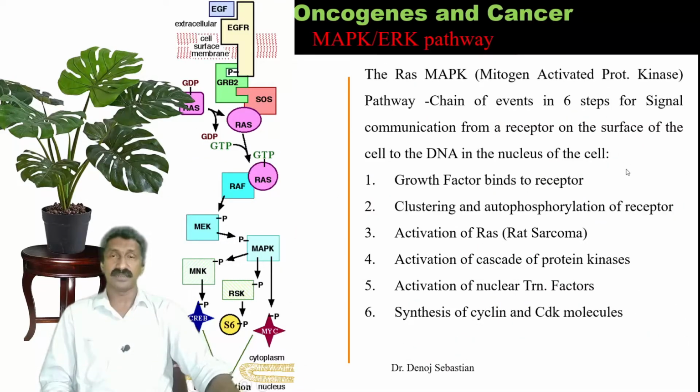In this slide, as we discussed here, the GDP-bound inactive RAS is activated by the signal which is received by this one. If the signal is not there, this phosphorylation and subsequent conversion of inactive RAS to active RAS will not occur in a normal system.